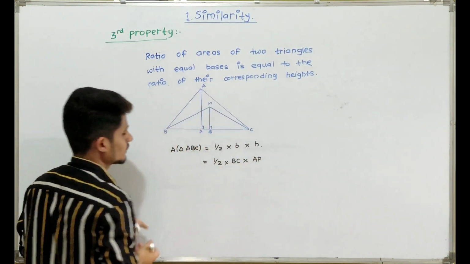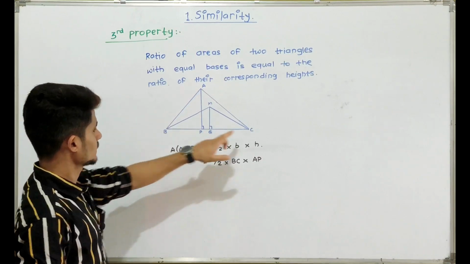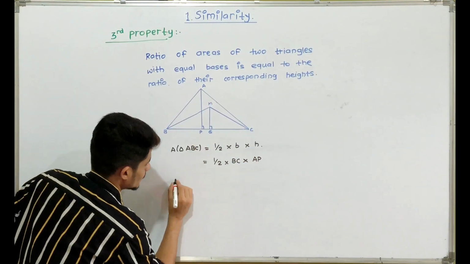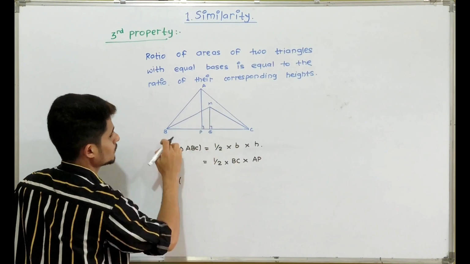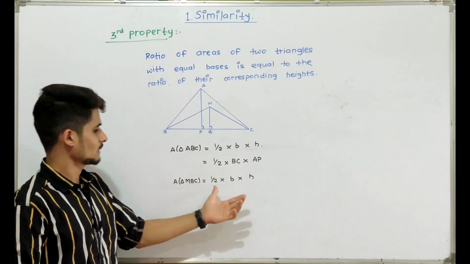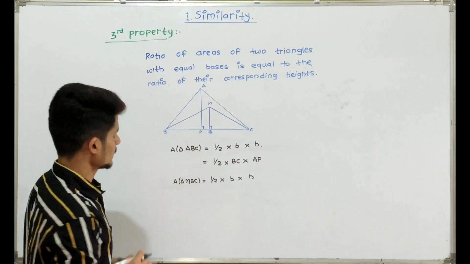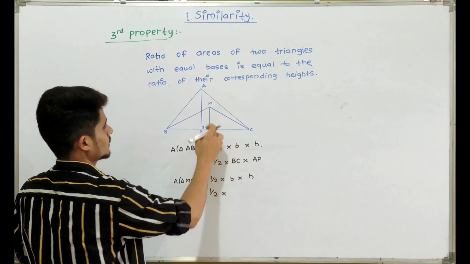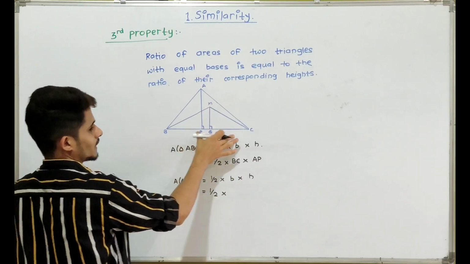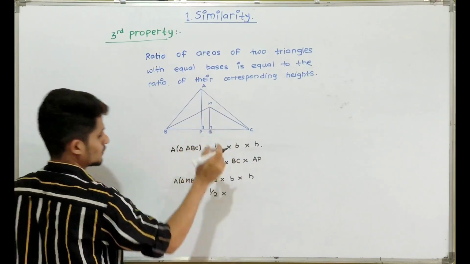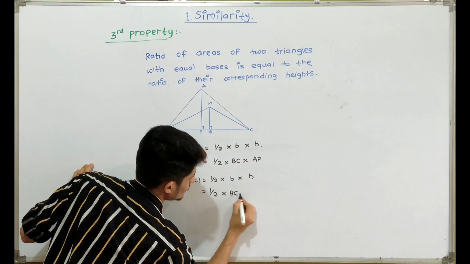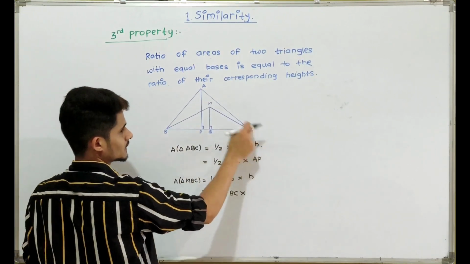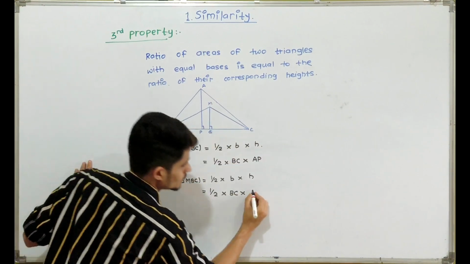AP is the height for triangle ABC. Similarly, we'll find the area of triangle MBC. The area of triangle MBC is equal to half into base into height. The base of triangle MBC is BC, and the height of triangle MBC is MQ.